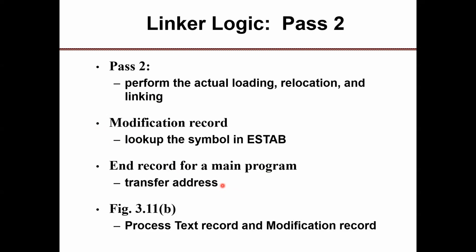All of the addresses have been modified for the starting load address of control sections prog A, prog B, prog C, and we're ready to start actually executing code at that point. Pretty cool, huh? That's the work of the loader based upon what the assembler and the linker had created, recognizing that even the loader now, the one data structure that is writable by the loader is going to be this ESTAB.